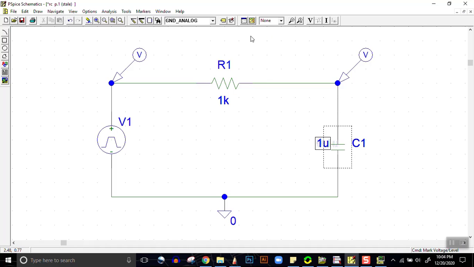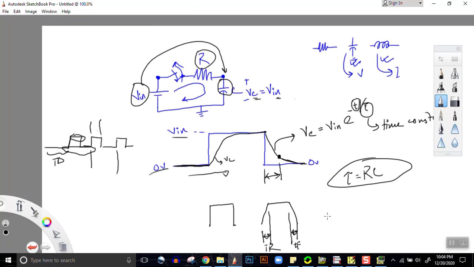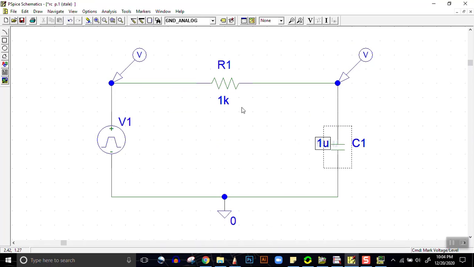Now what we need to do is, for our experiment, we first need to analytically or theoretically find out what the value of the RC time constant is. The time constant, as I said, you'd be learning in theory, tau is equal to RC. Here our R is equal to 1 kilo ohm and C is equal to 1 microfarad.